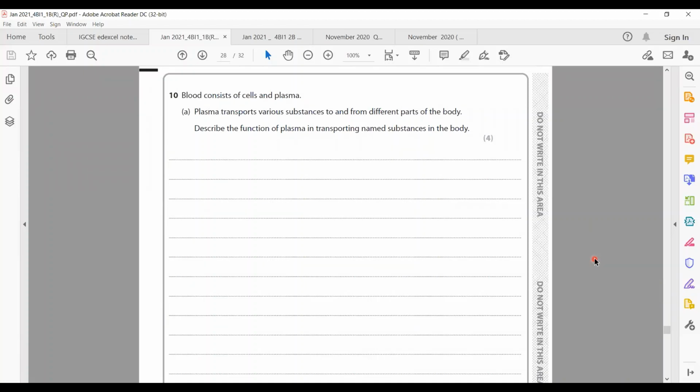Blood consists of cells and plasma. Plasma transports various substances to and from different parts of the body. Describe the function of plasma in transporting named substances in the body.